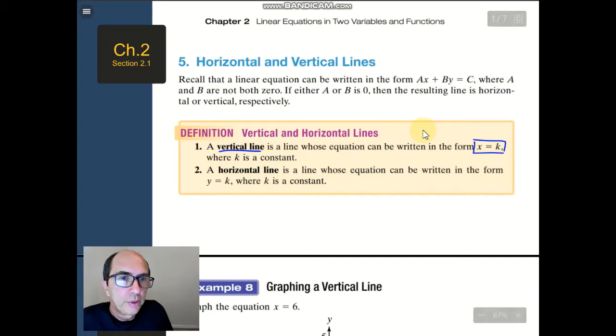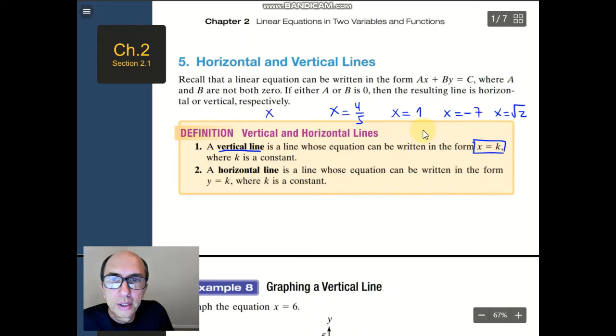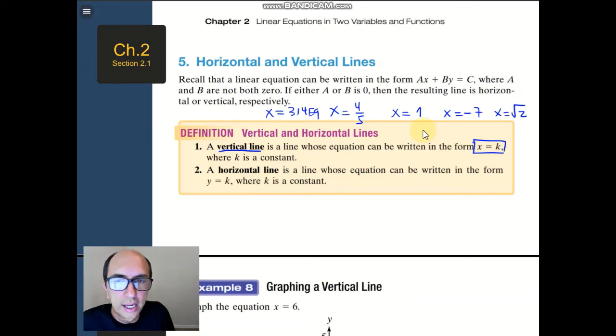So every time you see an equation, for example, x equals 1, x equals negative 7, x equals square root of 2, x equals 4 over 5, any kind of equation x equals a number, 3.1459, this is going to be a vertical line.